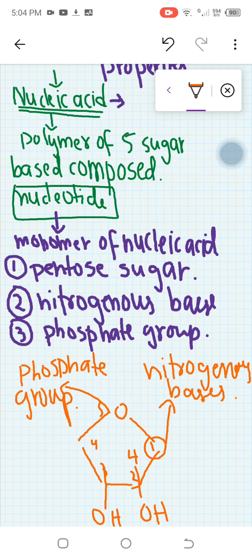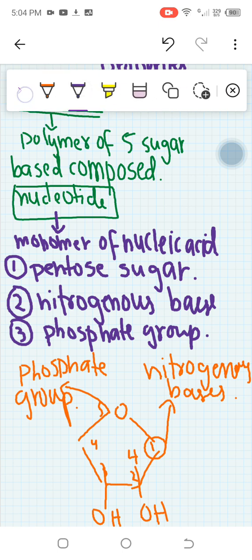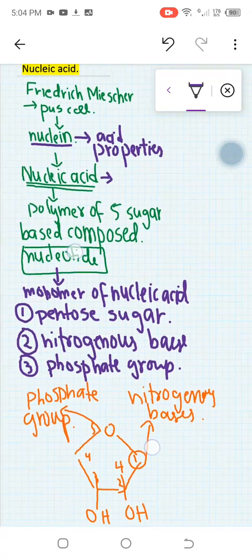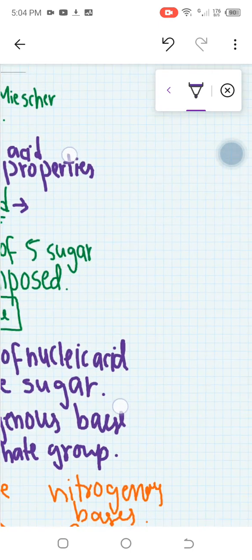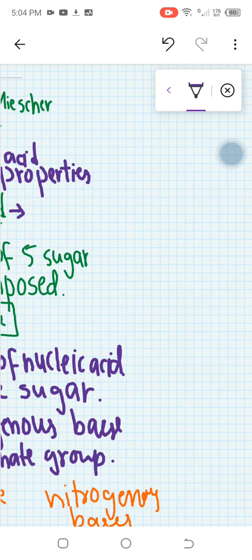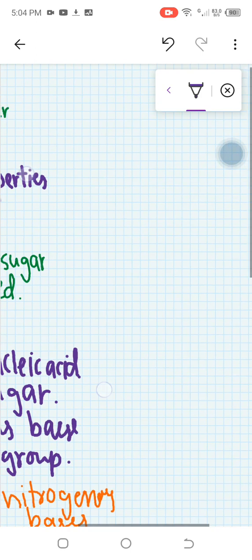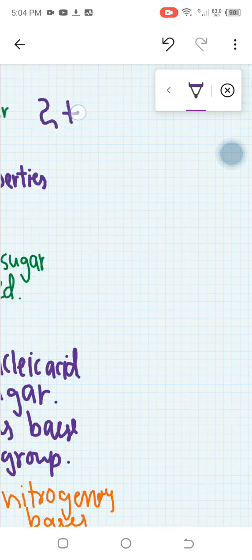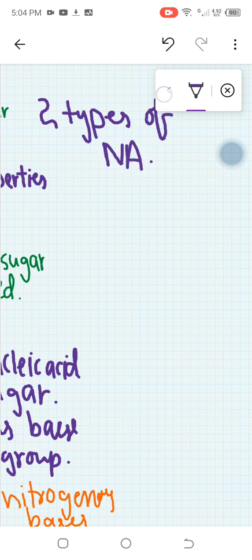So now how many types of nucleic acid do we have? We have 2 types of nucleic acid. Number 1, we have DNA, and second is RNA.